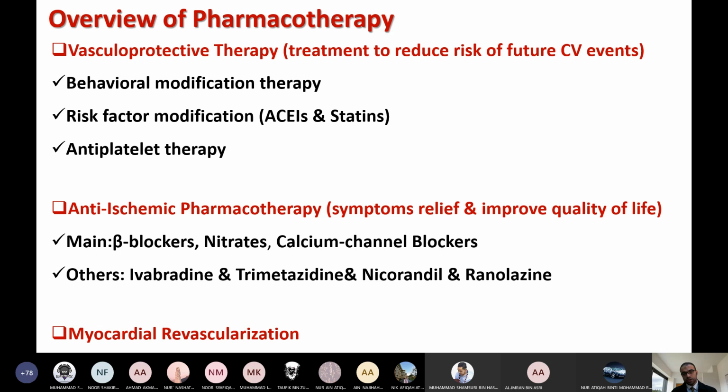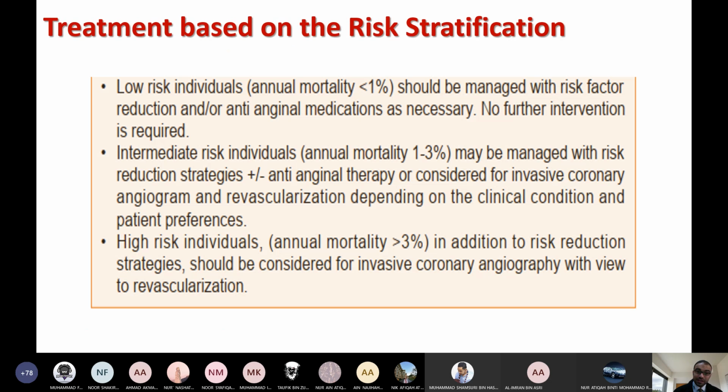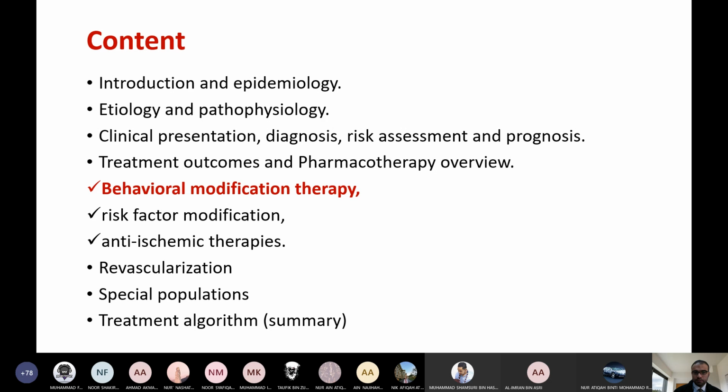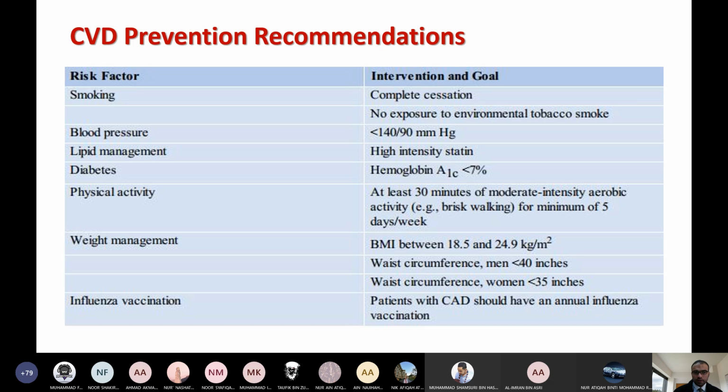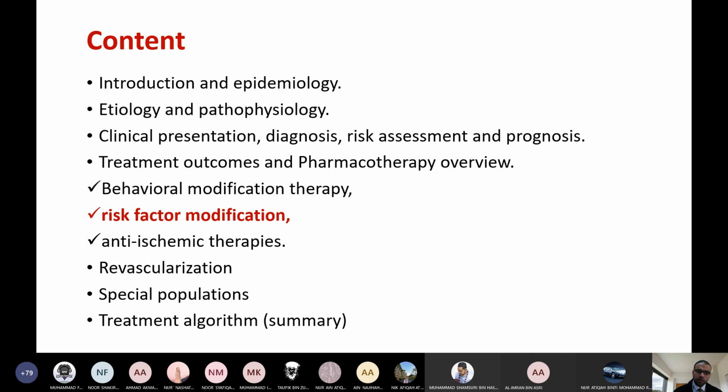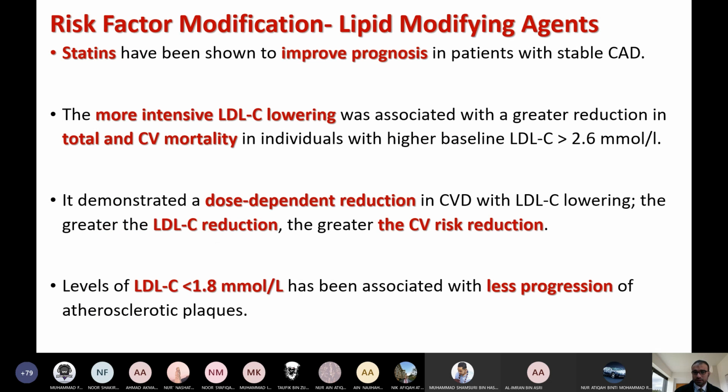The list of medication that target or can affect the mortality and the risk of future cardiovascular events, and the type of medication that only works on the symptoms and quality of life. And we started to continue to talk about the treatment having an effect on the cardiovascular events.